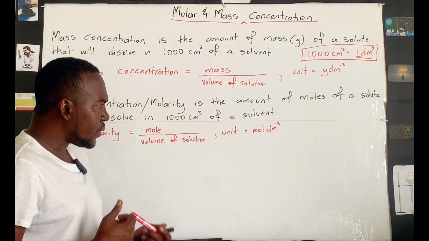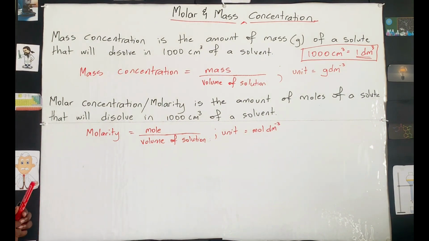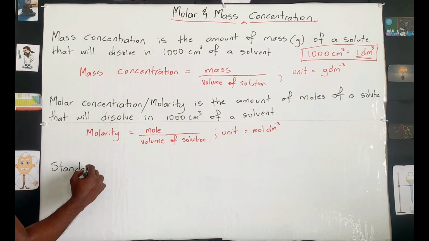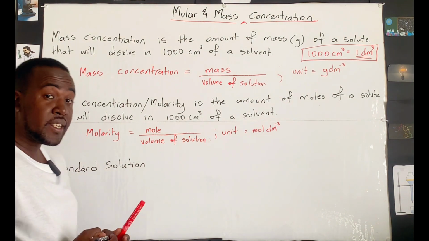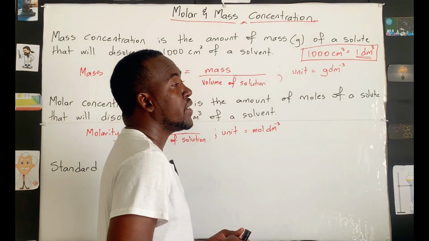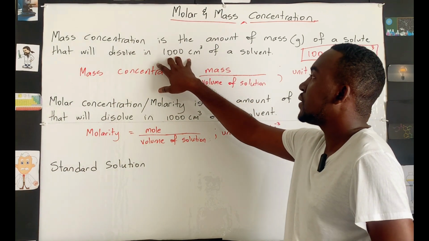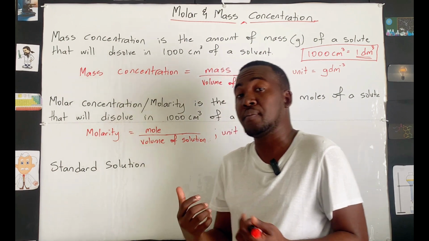Now, what this also links us to is a term called a standard solution. A standard solution is basically a solution of this volume made using a set amount of a specific mass.